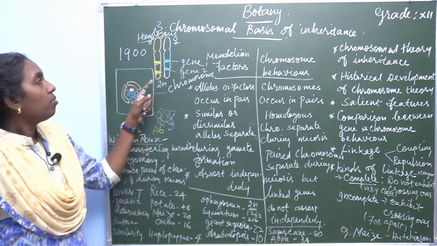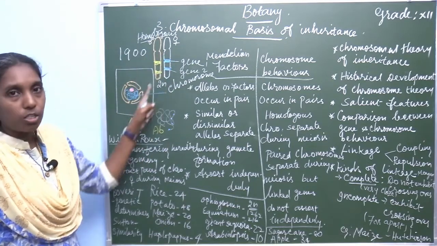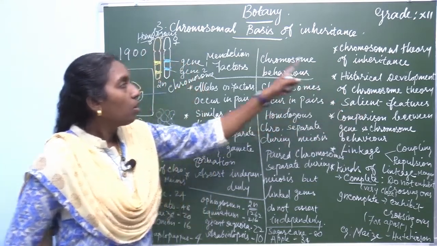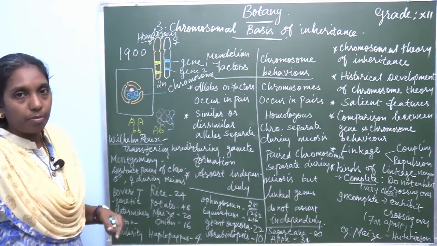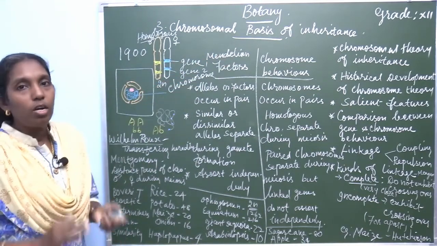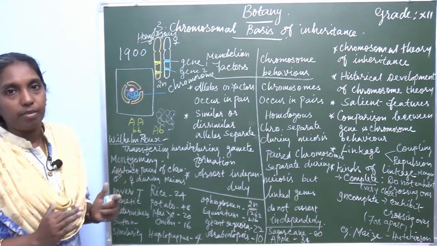So the first salient feature is regarding homologous chromosomes. First write about the salient features of the chromosomal basis of inheritance: homologous chromosomes, which are derived from maternal and paternal sides.